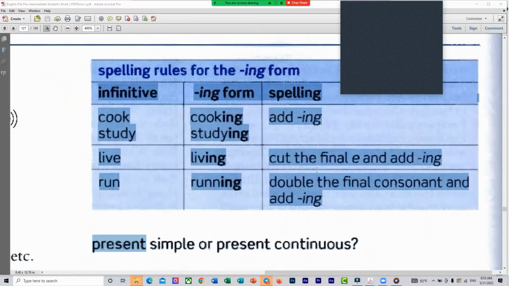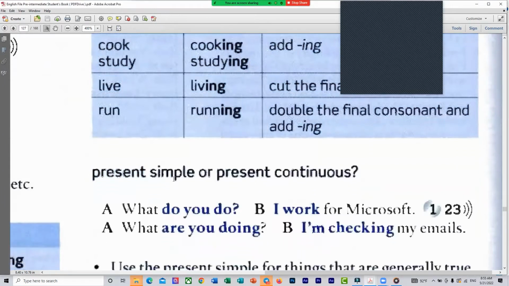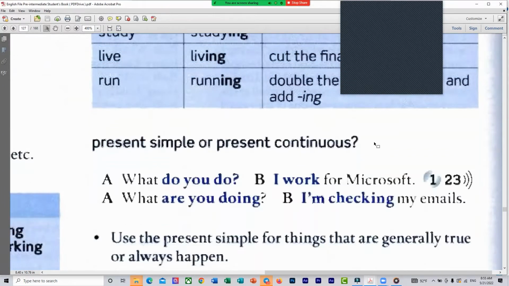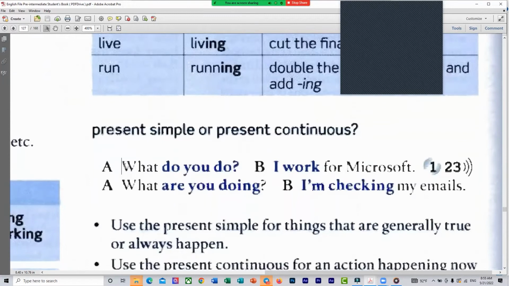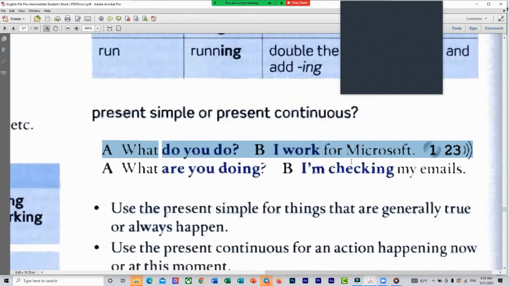And look at the comparison between present simple and present continuous. For example, what do you do? Please respond. Another question, what are you doing? I'm checking my email. So the first question you ask in general about something that is true, something about your job.